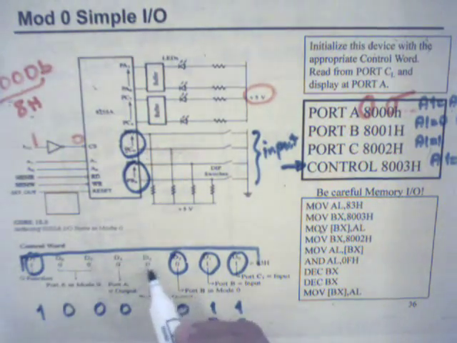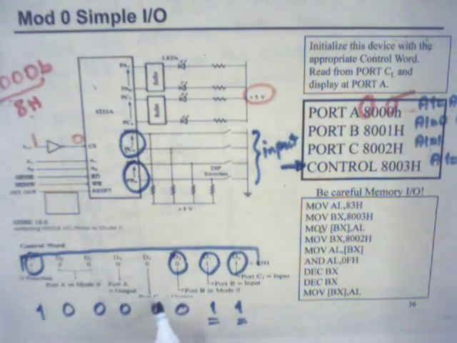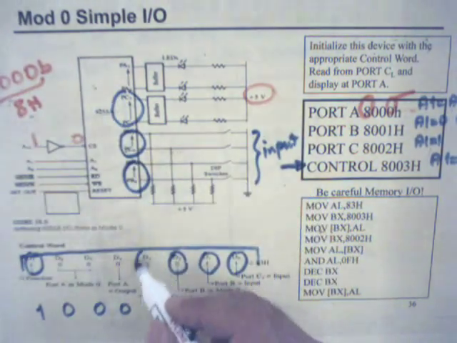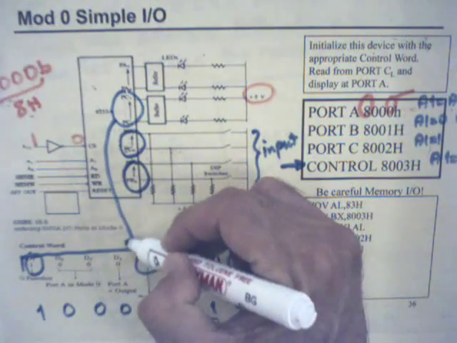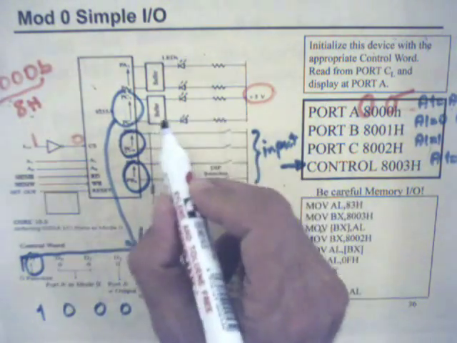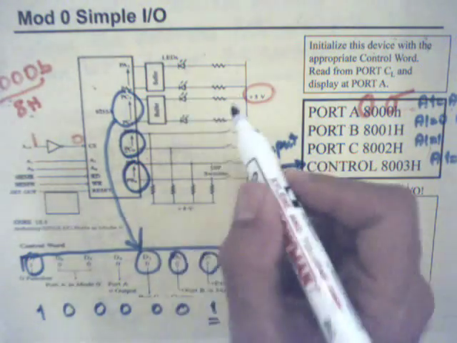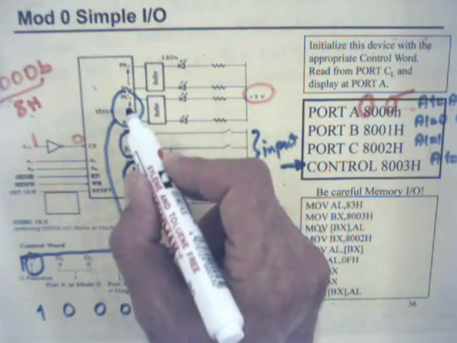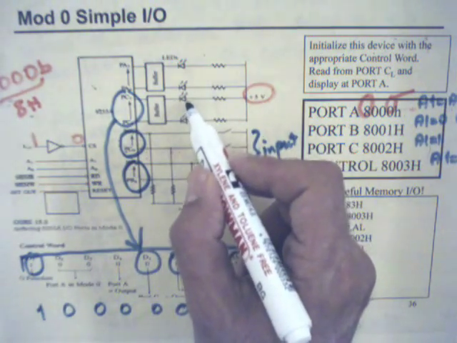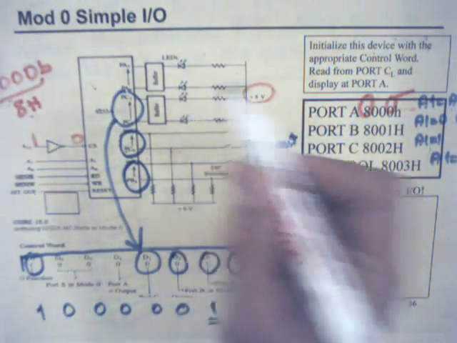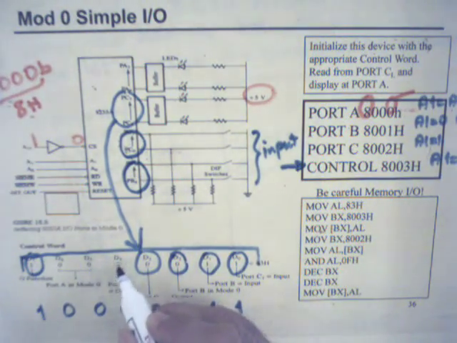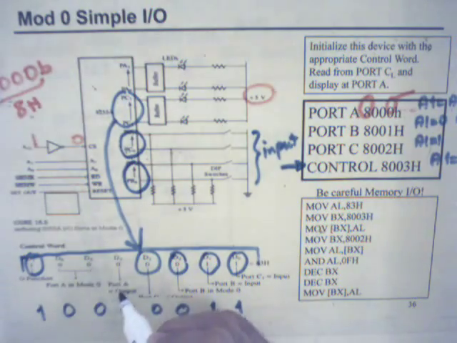D3 = 0 assigns port C upper as output. Port C upper output is related to this. Look, all of them are output. LEDs are connected. When suitable data 0 is given, the corresponding LED lights. D4 = 0 programs port A as output.